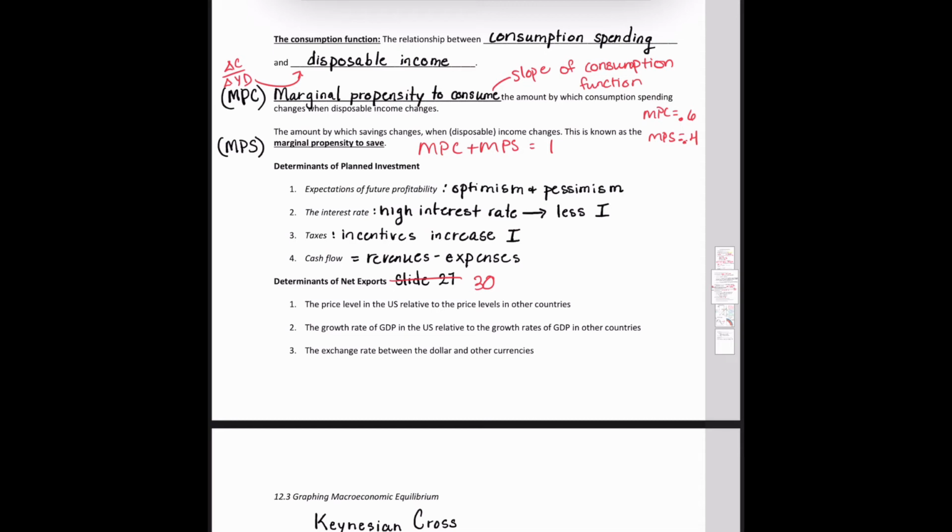And if our dollar is appreciating in value, relatively imports are cheaper and our exports are more expensive, and so imports rise, exports fall. I know that was a lot. Reference slide 30 if you are confused about how the U.S. price level, GDP, and dollar value affect net exports.